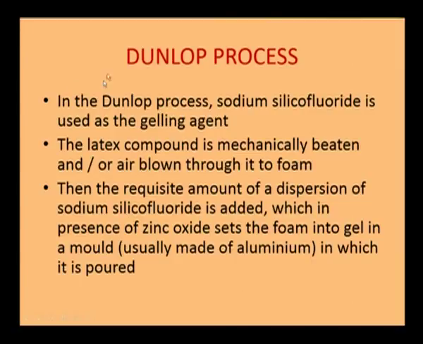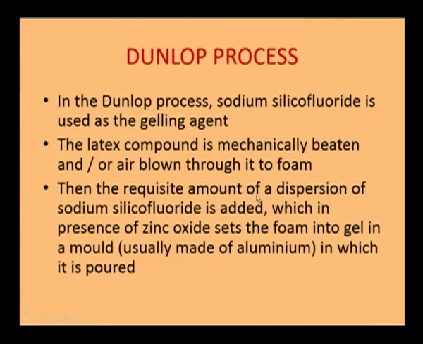This sodium silicofluoride is added as a gelling agent. Afterwards, the latex compound is beaten or air blown to form foam. When you send air through the mixture, it gives foam. Again, a dispersion of sodium silicofluoride is added, in the presence of zinc oxide.